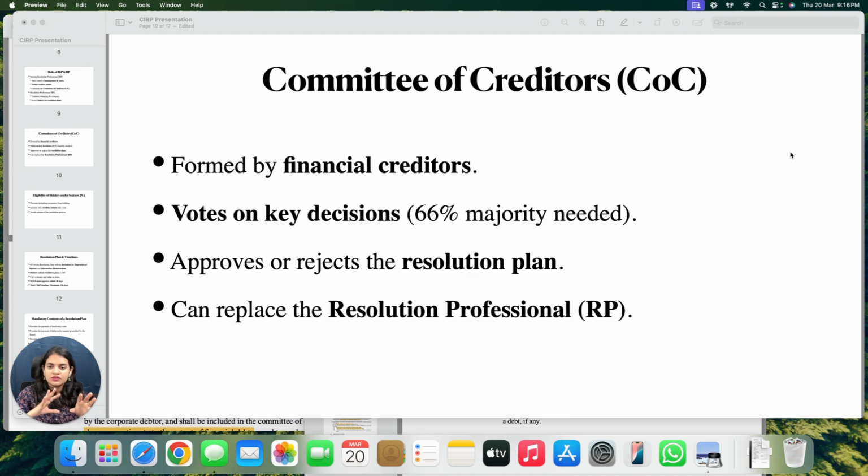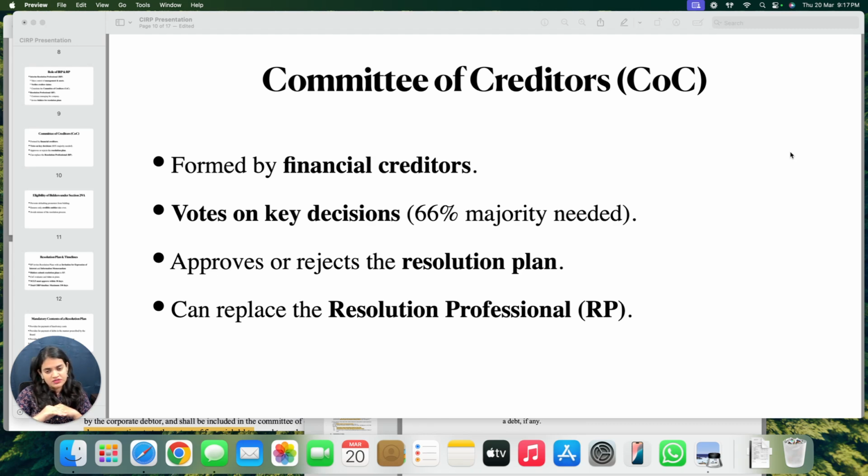So if the financial creditors vote with a 90% majority for withdrawal, then the application may be withdrawn. An application for withdrawal will also be made by the resolution professional or the IRP before the adjudicating authority, and the withdrawal can then be accepted.